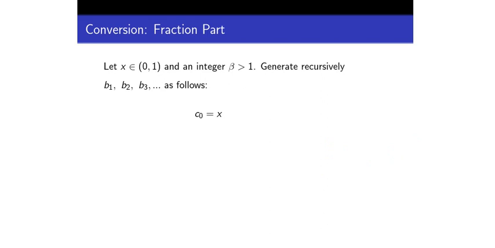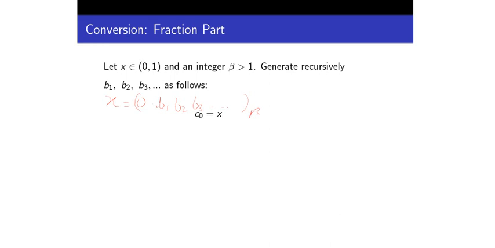I wish to find any number x belonging to 0 to 1 and write it in the scientific notation, so x is equal to 0 point b1 b2 b3 and so on with base beta.